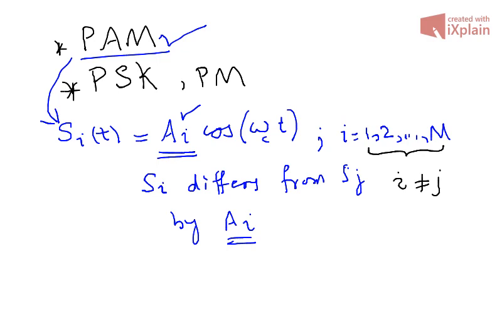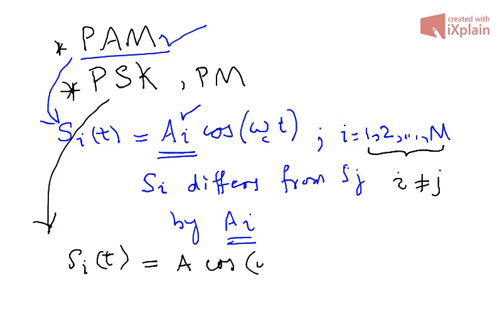Similarly, if you observe the mathematical expression of PSK, phase shift keying, or the phase modulation, in which we learned BPSK and QPSK, we said that our signal S_i differs from another symbol by the angle theta_i, right?